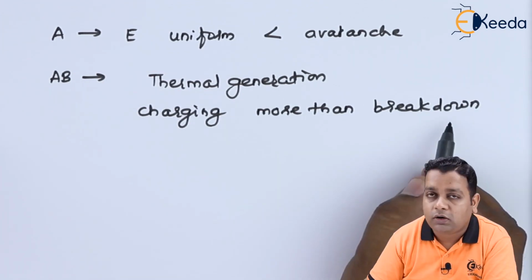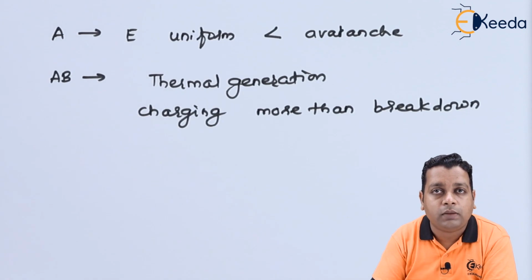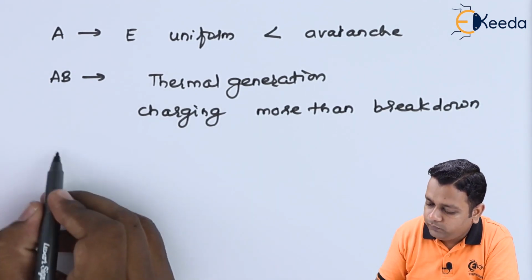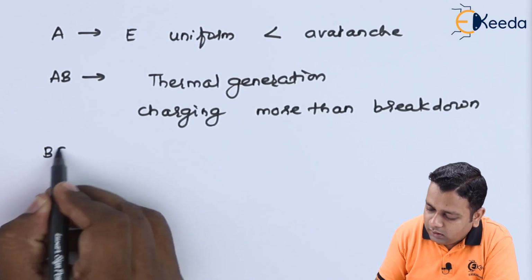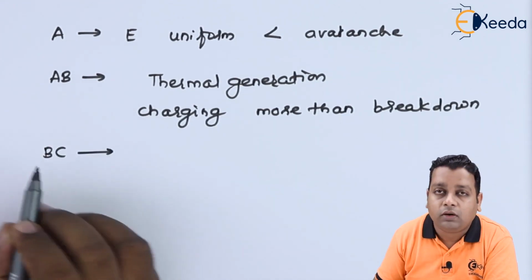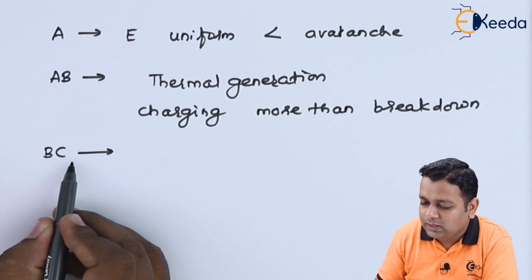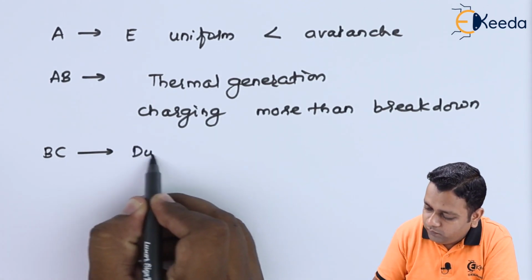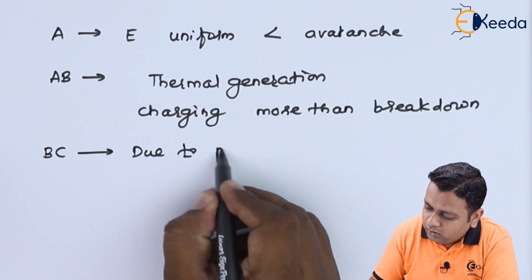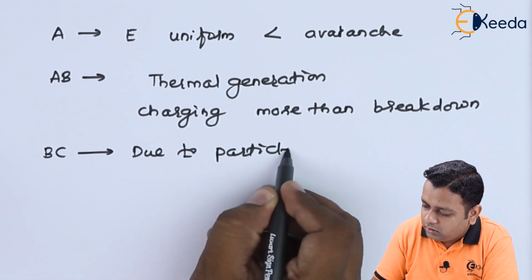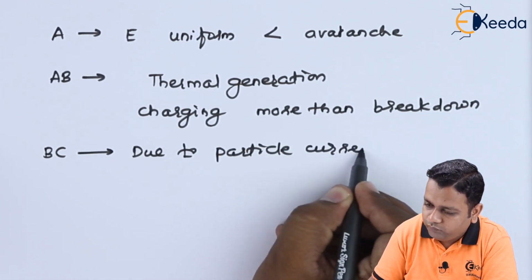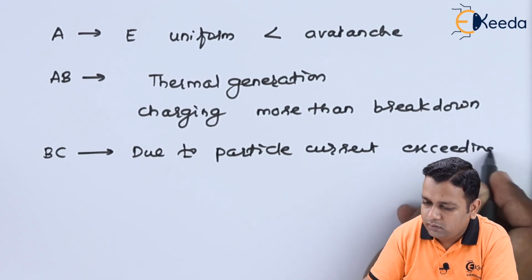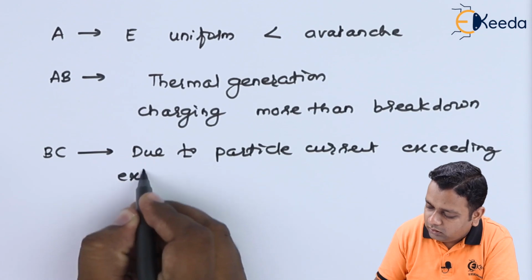And after the breakdown voltage, there will be the effect of avalanche. Hence after point B, we will have the curve segment denoted as BC in the diagram, due to the particle current exceeding the external current.